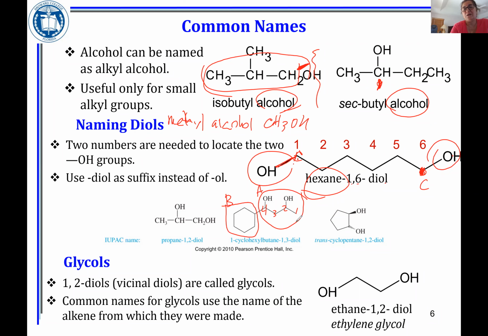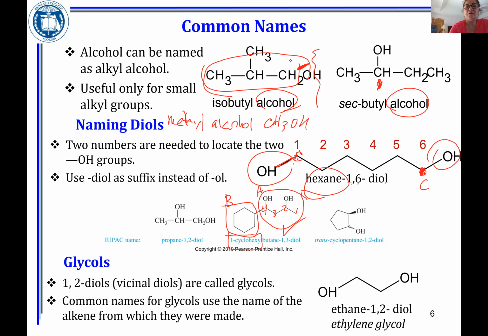Because OH has high priority, we have to take this side as the main carbon chain. So this side A would take the priority. Even though we have more carbons on the ring, it still would count as a branch, and we name this as a cyclohexyl.